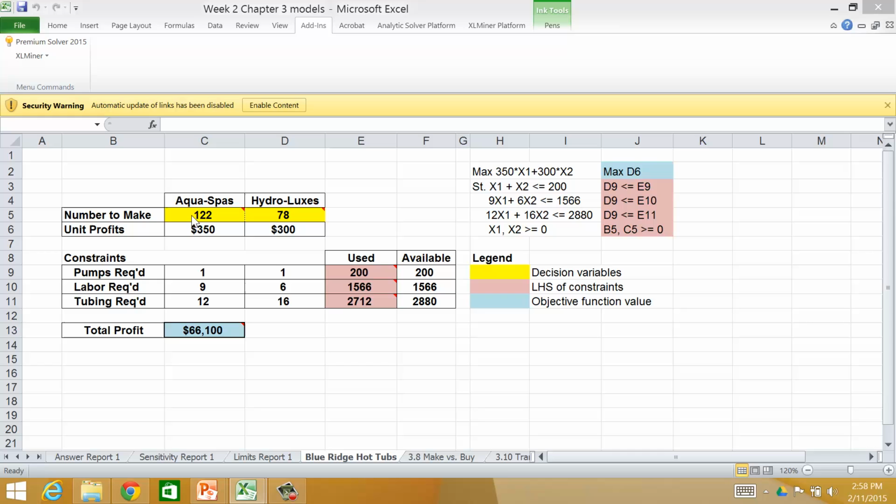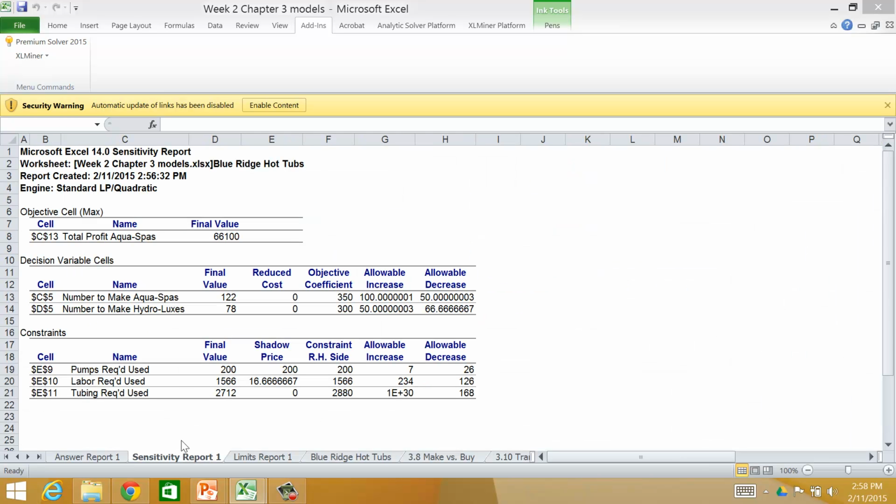That's an indication of the importance of having meaningful labels for all your cells, especially the column and the row, because a sensitivity report with those names is much easier for you to interpret. If your names are like X1 or just some number to make, then you don't know which one is which.